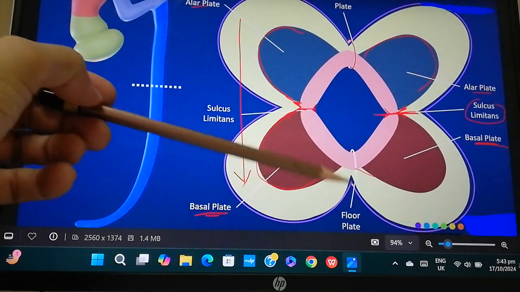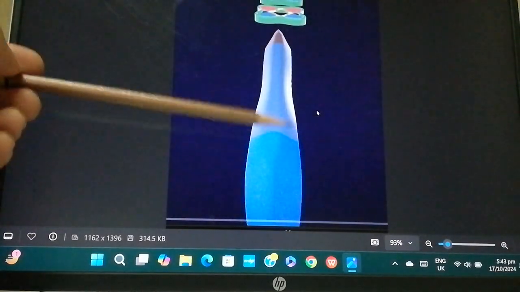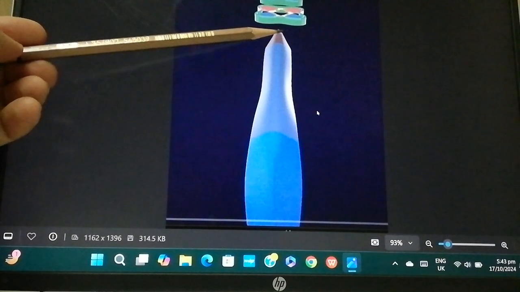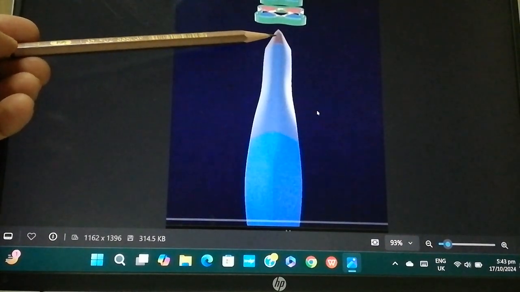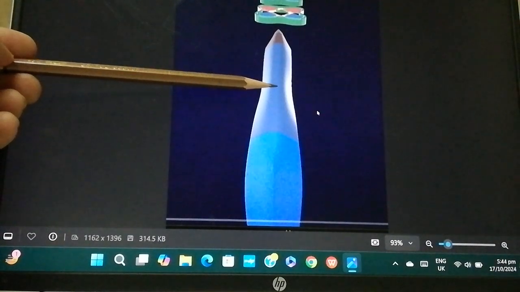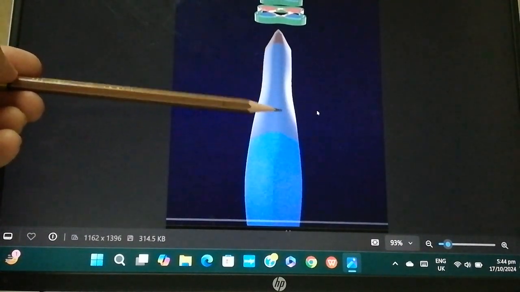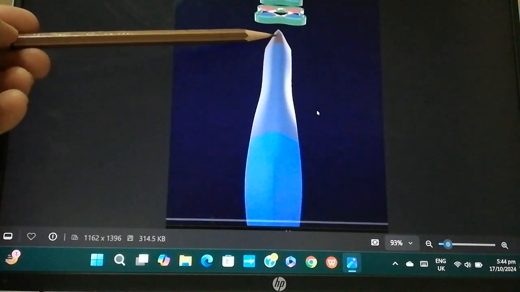Now see what happens in the medulla oblongata, right? So initially this is the spinal cord, this is the rhombencephalon, or I would say combined metencephalon and myelencephalon, and this is the mesencephalon.